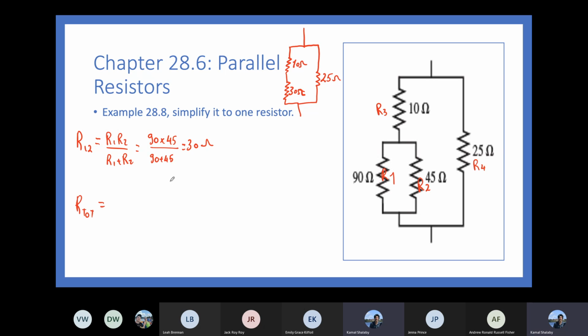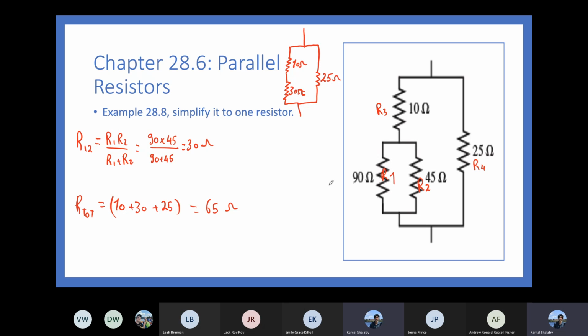Since all of them are in series, you can just add all of them. So that would be 10 plus 30 plus 25, which is equal to 65 ohms.